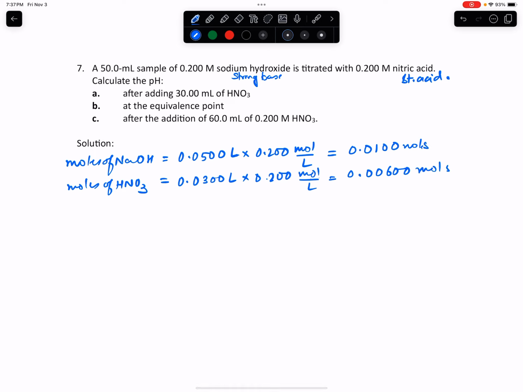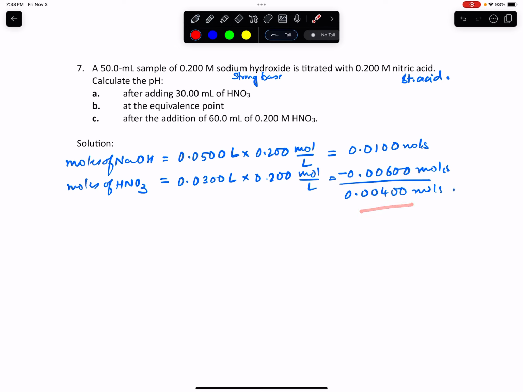Once we have the moles of acid and base, we just subtract the two, and I get 0.00400 moles of excess base.